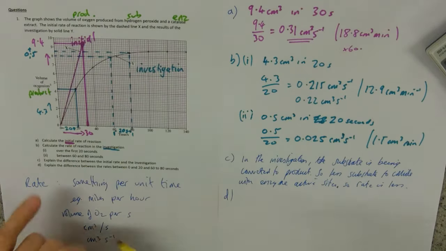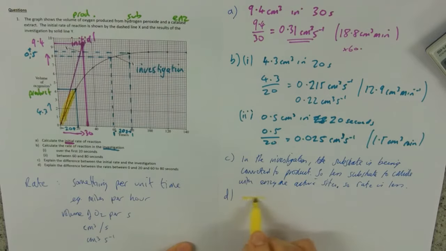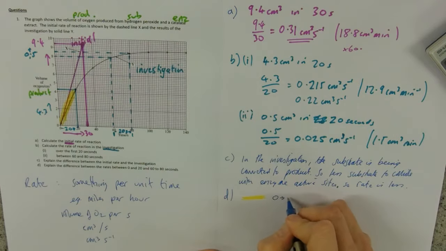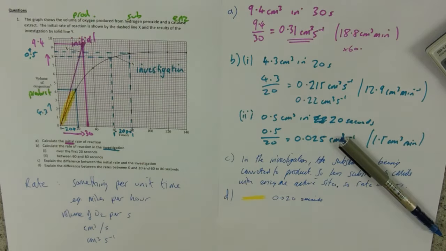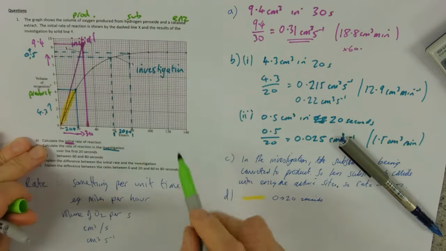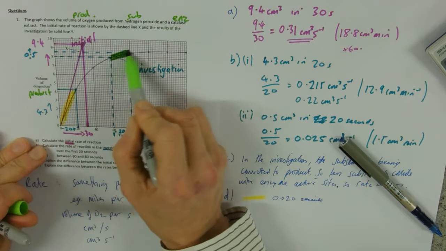So 0 to 20 seconds, this area here, kind of yellow, and then let's have a light green for 60 to 80.